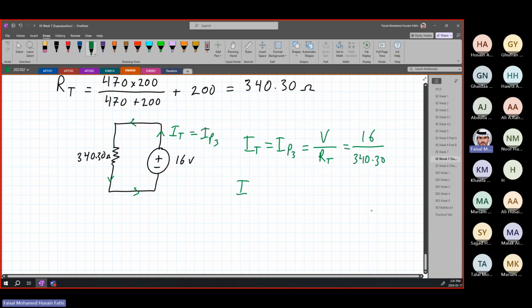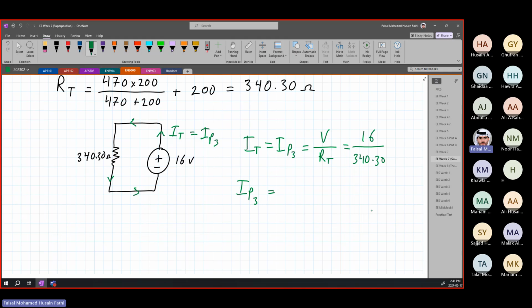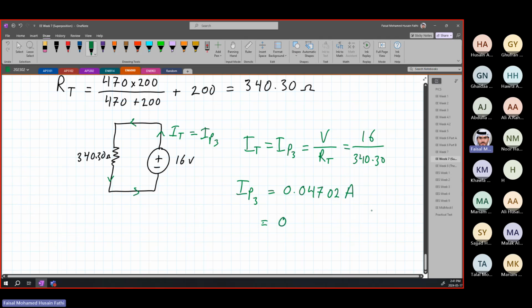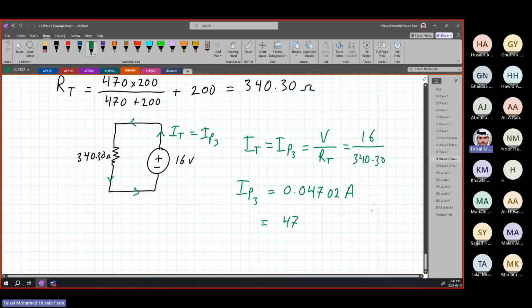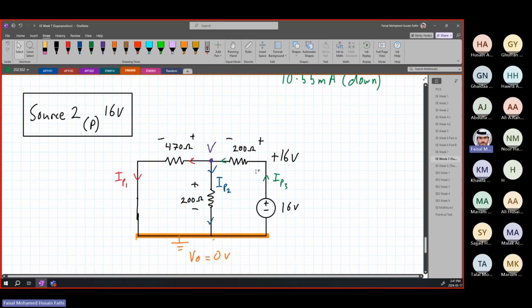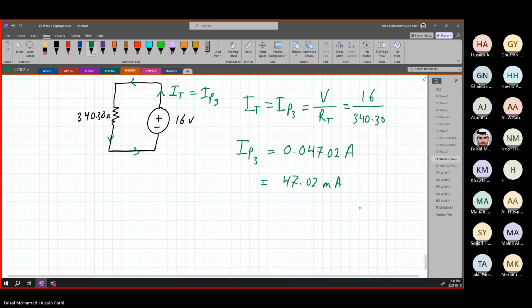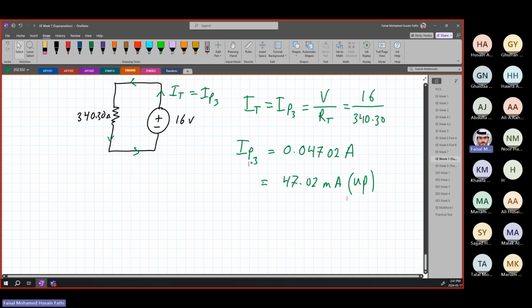Therefore, IP3 is equal to 16 divided by 340.3, which gives 0.04702 amperes, or in milliamperes, 47.02 milliamperes. Again, direction is important. Since we got it positive, the direction is upwards, so we have to write up. Okay, so we found our IP3.